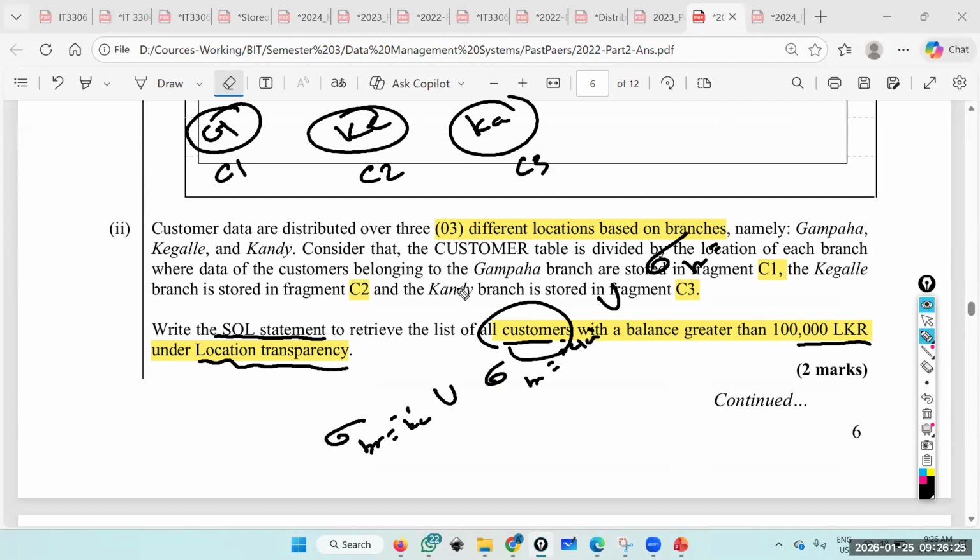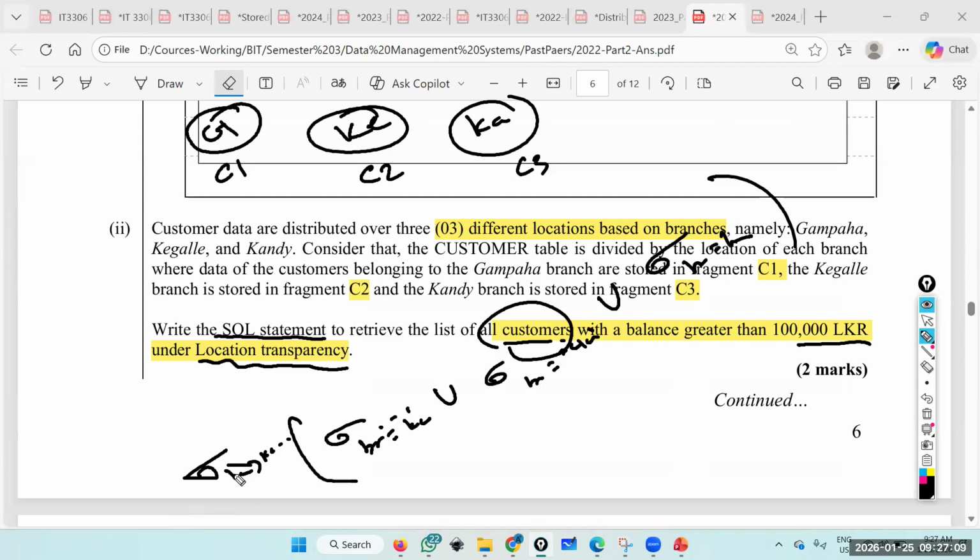So now we have all the details, but then balance greater than 100,000 LKR. Maybe afterwards you do the sigma. You take the data and then you do balance greater than 100,000. So I will do like that. First do the union so that you have all the data because then we can process it on our side. So then we do the sigma to get the relevant data.